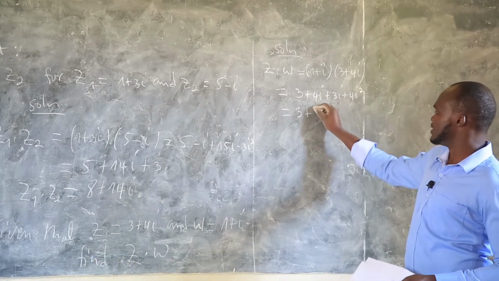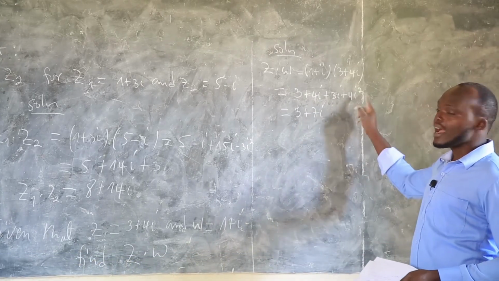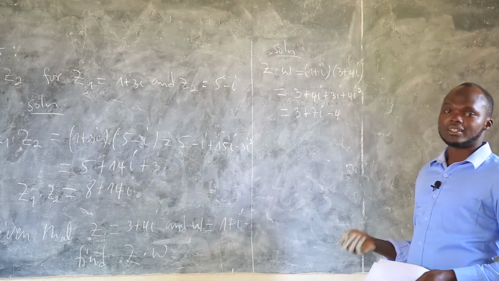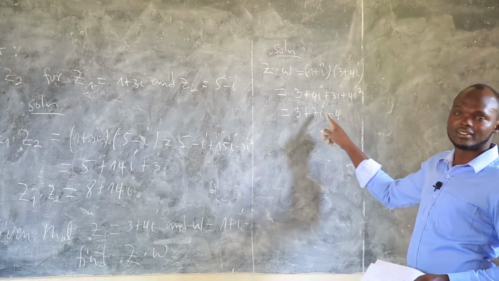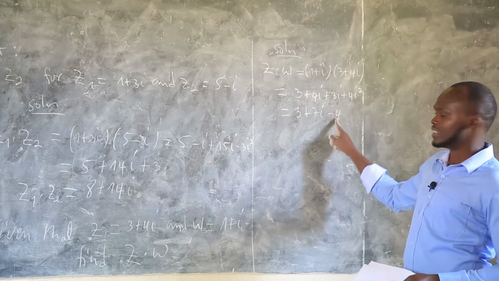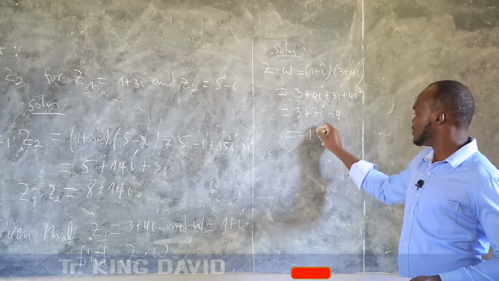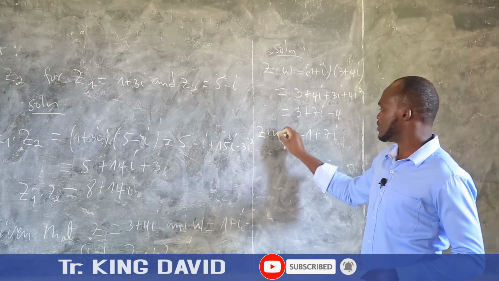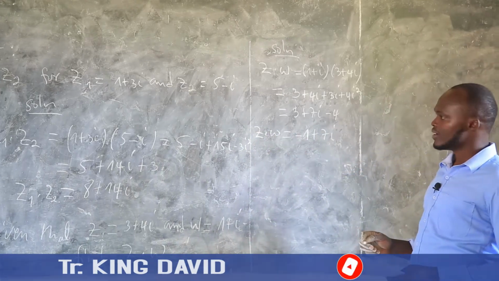We add, we get 7i. i squared is negative 1. Negative 1 times 4, that's negative 4. So we add the real part, 3 plus negative 4. That's negative 1 plus 7i. So that's the answer for z times w.